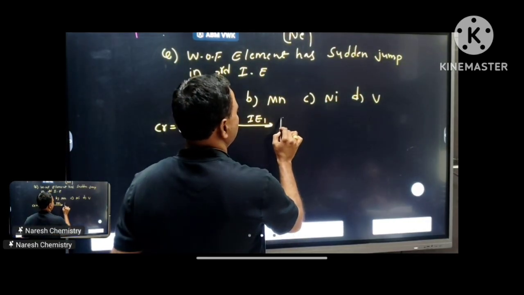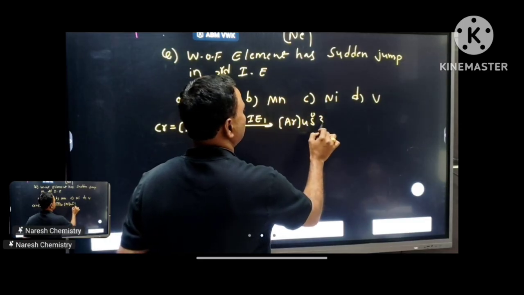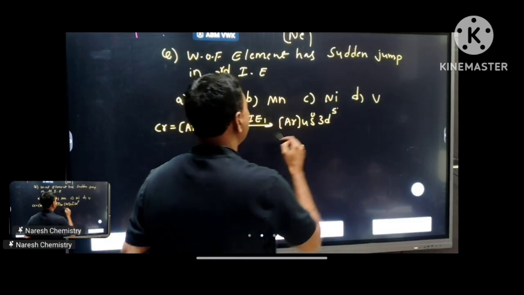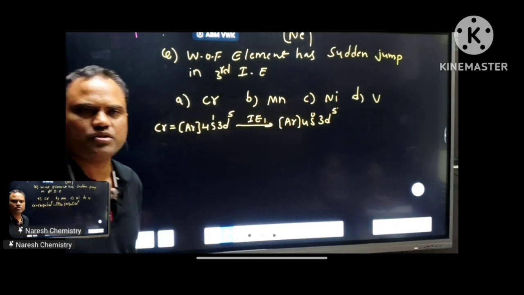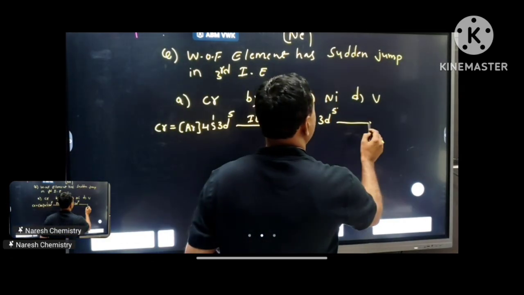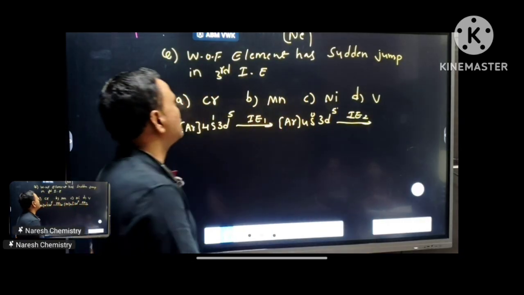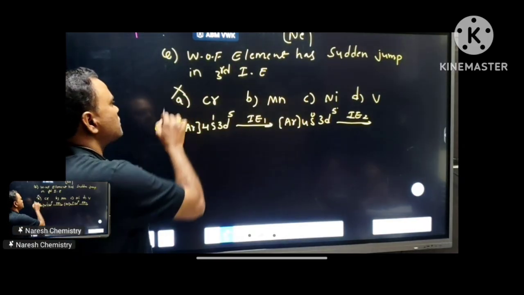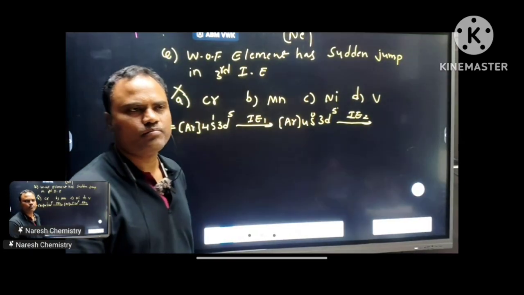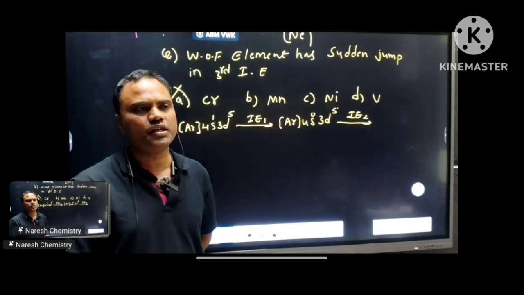Tell me: argon 4s0 3d5. After removing, we are getting a stable configuration. 3d5 is stable, so it's a second ionization energy sudden jump. But the question is third ionization energy, so chromium is not correct. In chromium, we are observing a sudden jump in the second ionization energy.